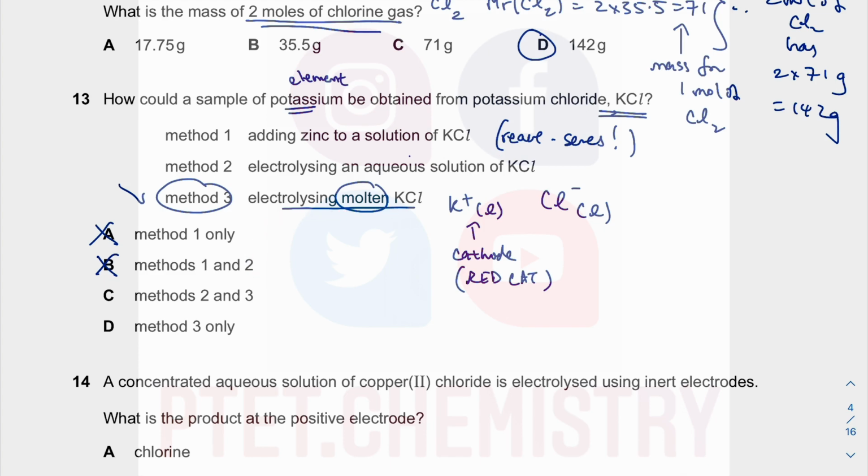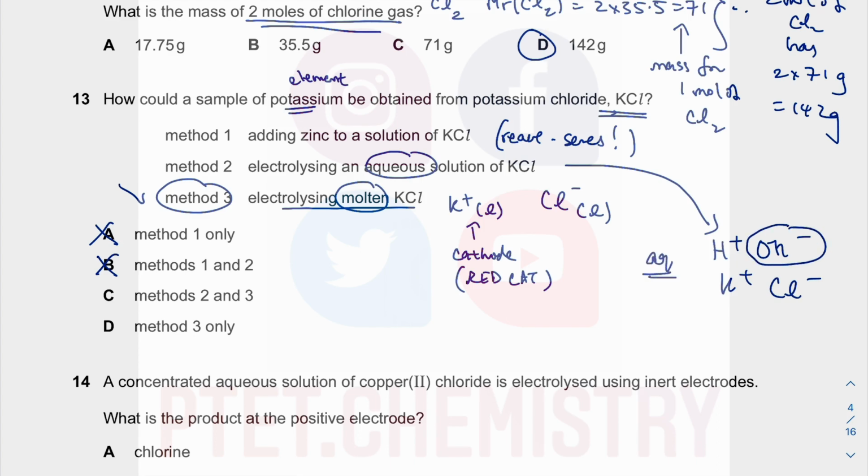When you electrolyze an aqueous solution, it means you have H plus, OH minus, K plus and Cl minus. In terms of the aqueous solution, this is the one that will go to the anode. But that is not what we're interested in. We're interested in between H plus and K plus. H plus will be preferentially discharged.